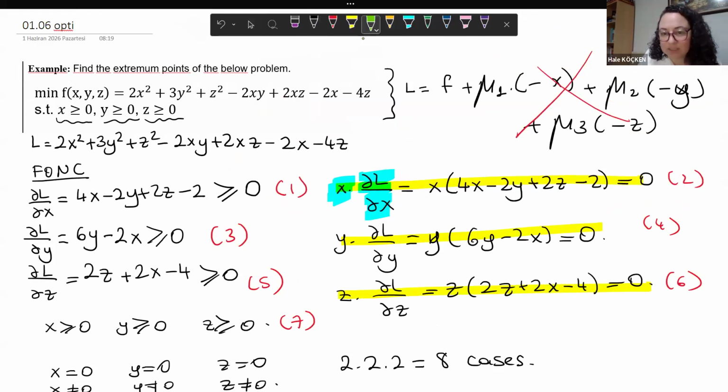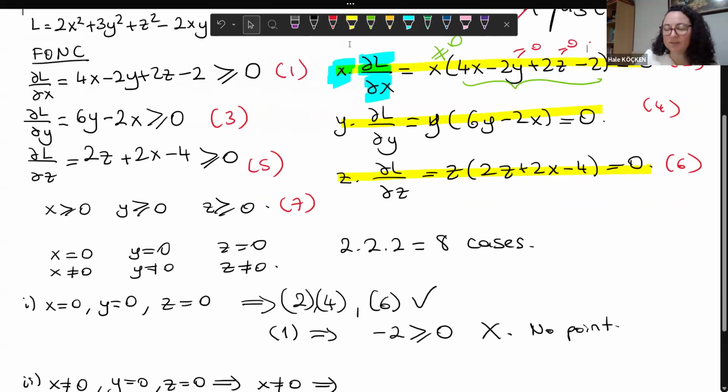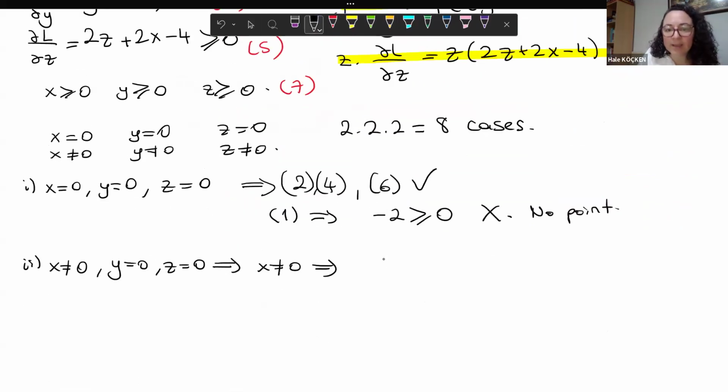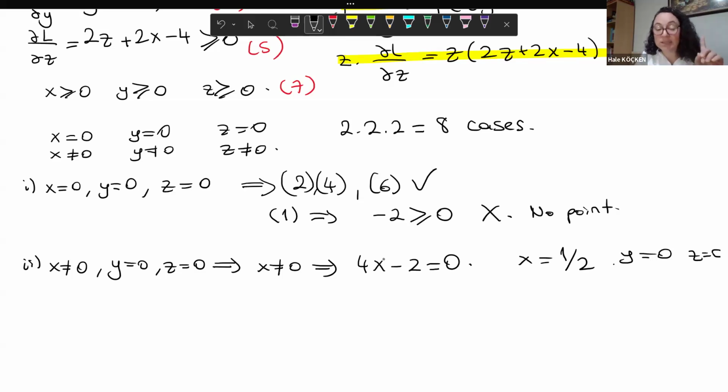If this one is different from 0, then this part must be equal to 0. By considering y and z are 0, it will be 4x minus 2 is 0 directly. So x is half, y is 0, z is 0. You found the point, but I'm not saying it's a candidate. I need to check the inequalities.